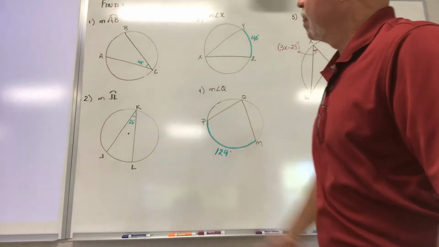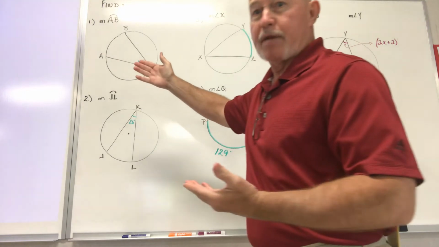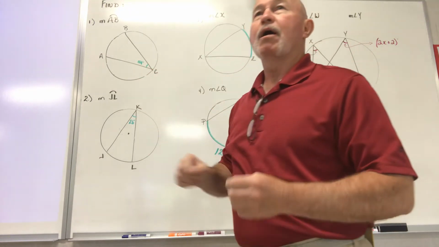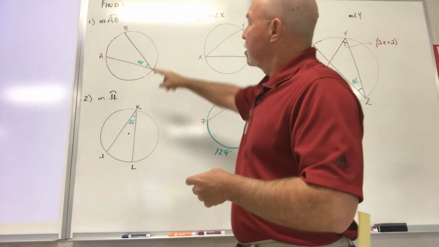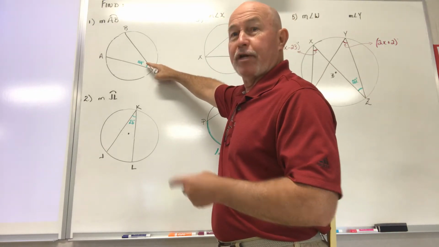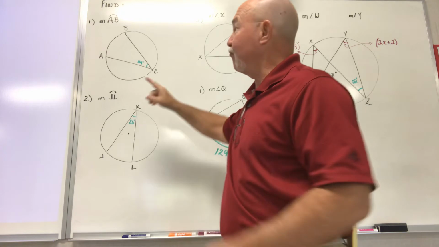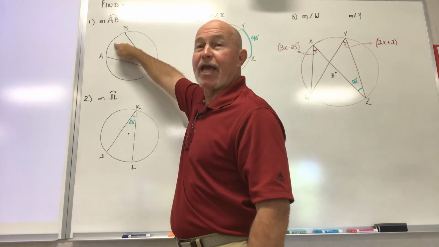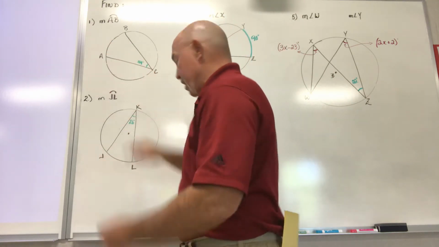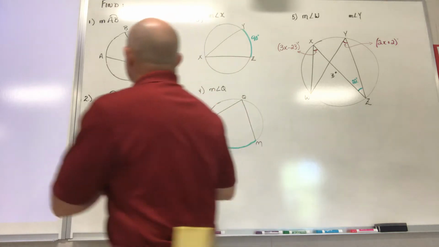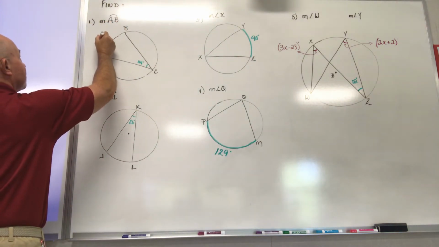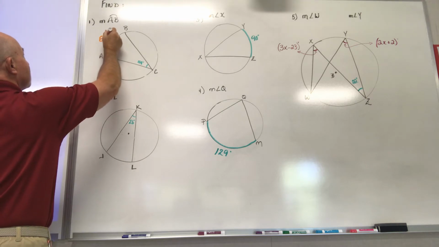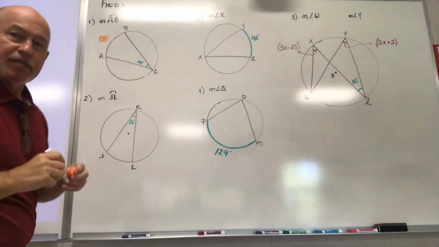First one, simple inscribed angle. If that's 44 degrees, the inscribed angle is 44, so arc AB is 2 times that. So in this case, arc AB is 88 degrees.